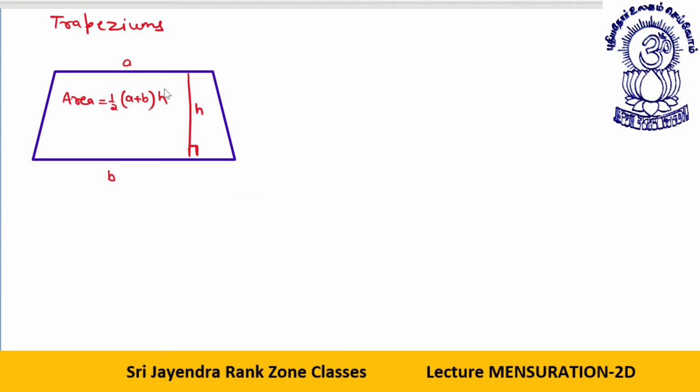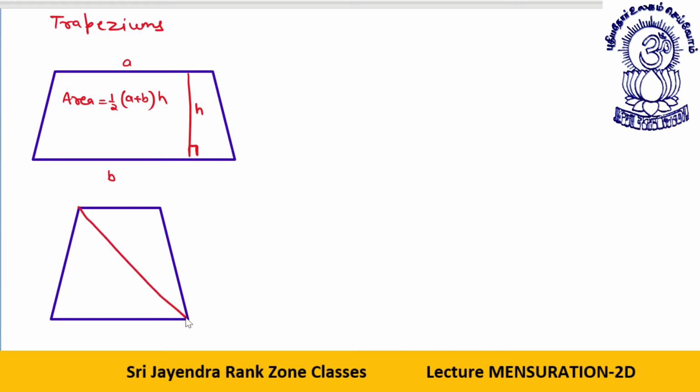Now the next very important thing which we need to discuss about trapezium is, I draw another trapezium. Let's say I join these two sides. If this side is A, this side is B, I join these two. These are parallel sides, so these two triangles will be similar triangles.